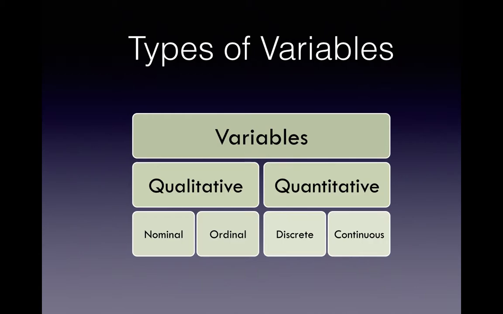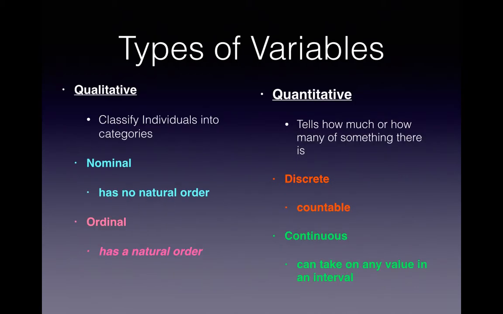And then even further we can break it down. In our qualitative variables, we can call them nominal or ordinal variables, and within our quantitative variables, we can have discrete or continuous variables. So we want to make sure that we understand what the difference is between all of these terms. So let's look at the left-hand side first.